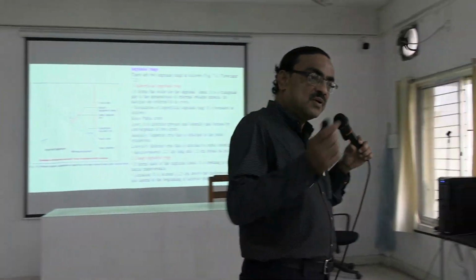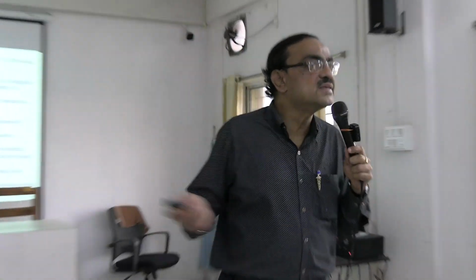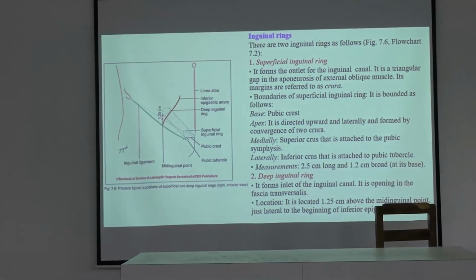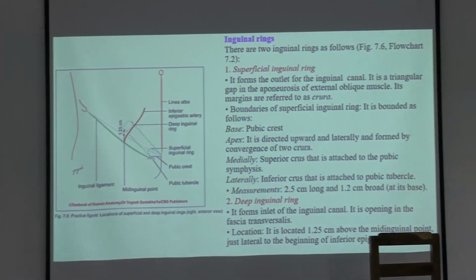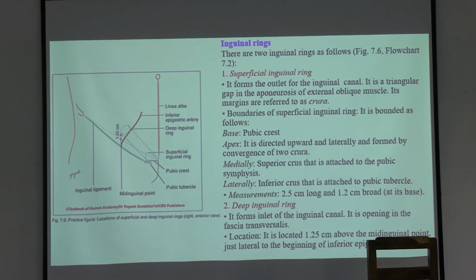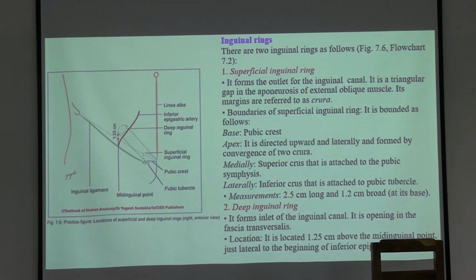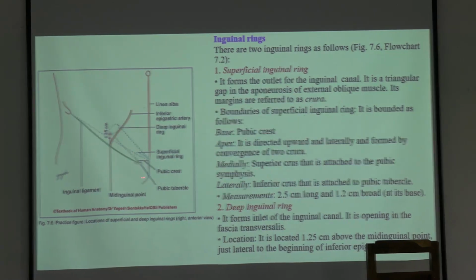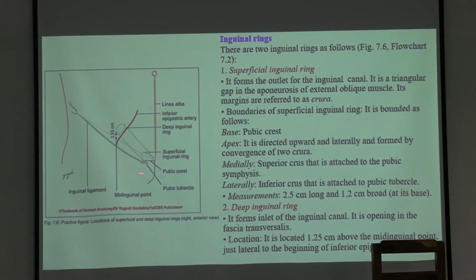So, deep ring is circular, whereas the superficial ring is triangular, and which is just above the pubic crest. And this pubic tubercle is a very important clinical point for the clinicians, for the surgeons.